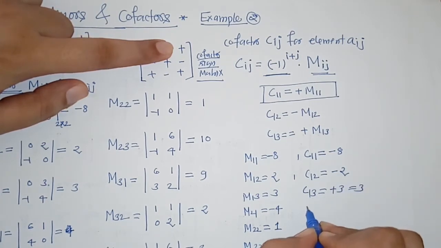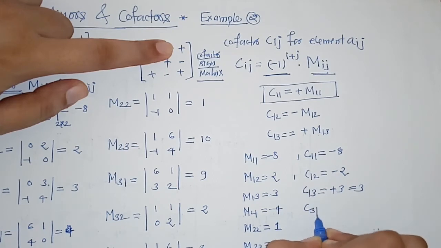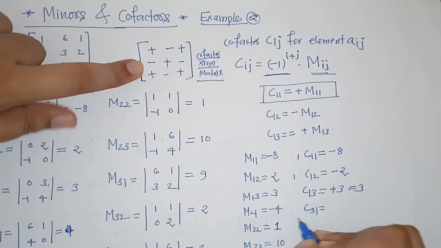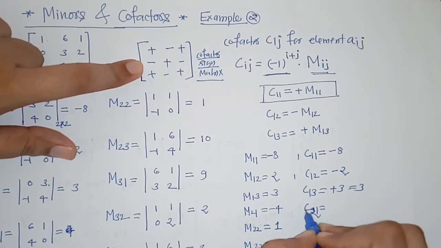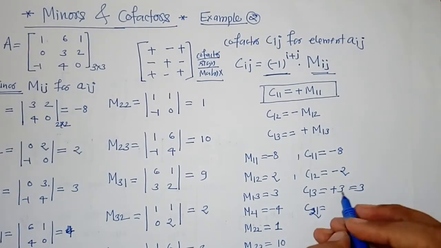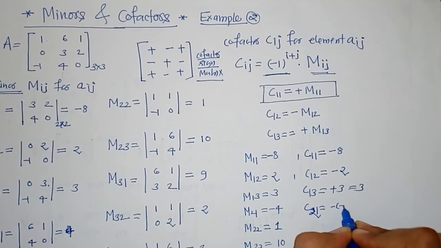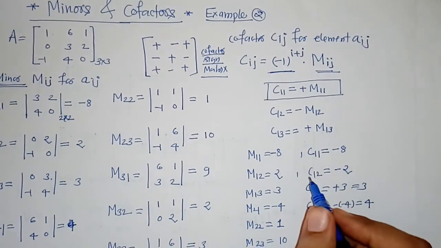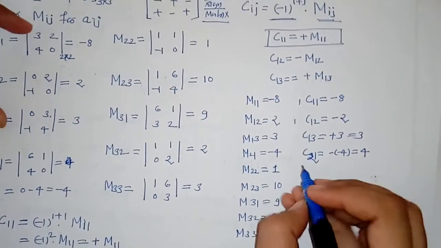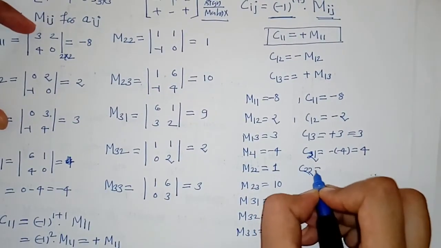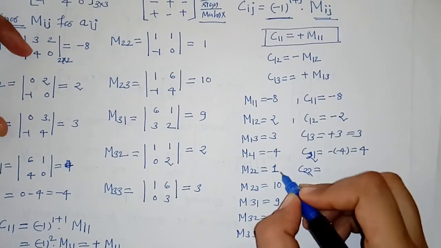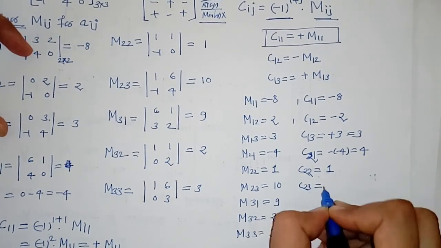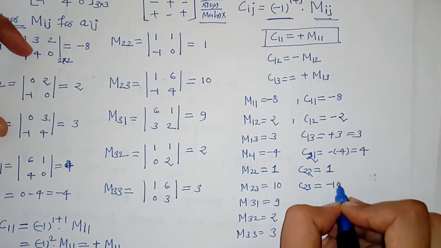Then C21 means 2 plus 1, 3, so negative of this one. C22 means plus of this one. Then C23 means negative of this one, right?